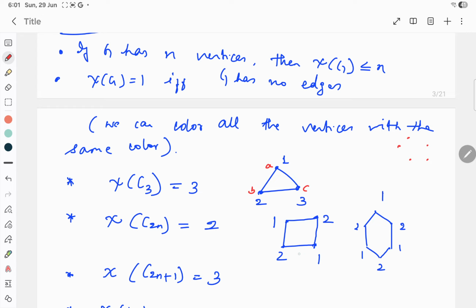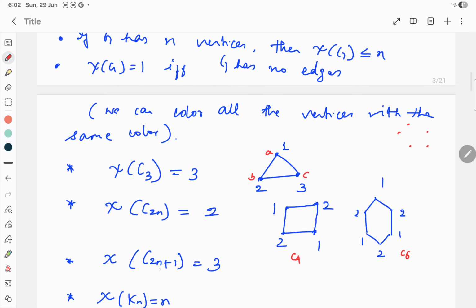Again the next vertex can take the color 2. So it is a cycle of 4 vertices, C4. And if you see C6, a cycle of 6 vertices, again alternate vertices will take alternate colors 1, 2, 1, 2, 1, 2. So therefore the chromatic number of an even cycle is 2.